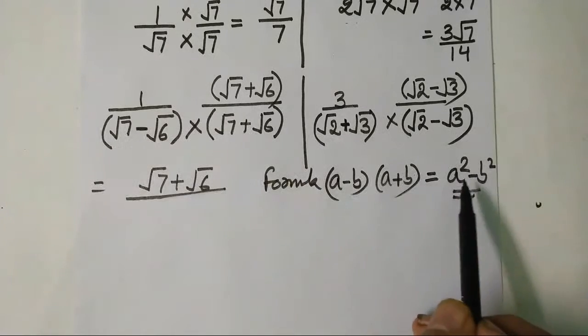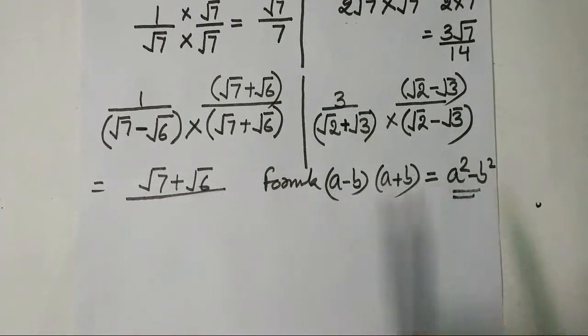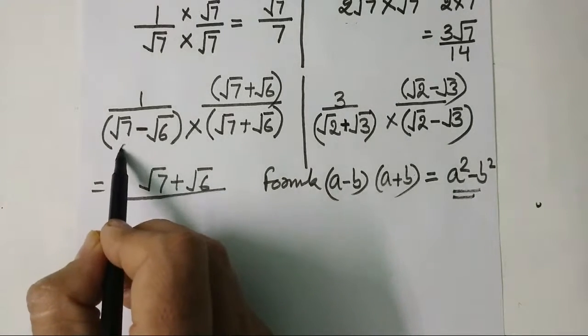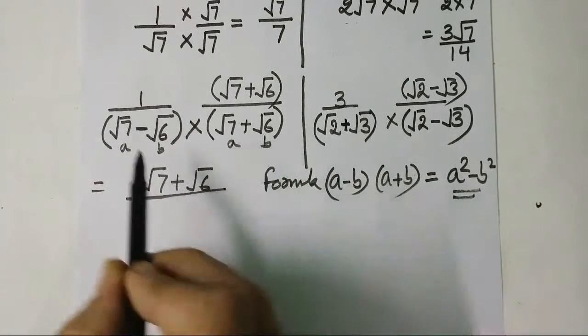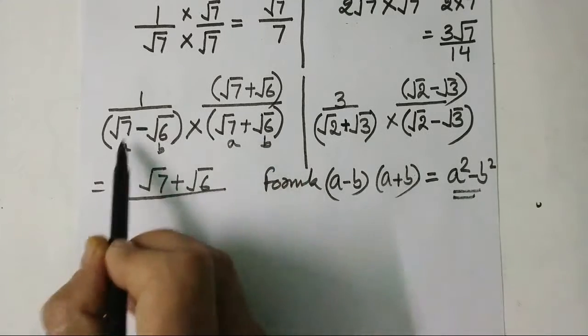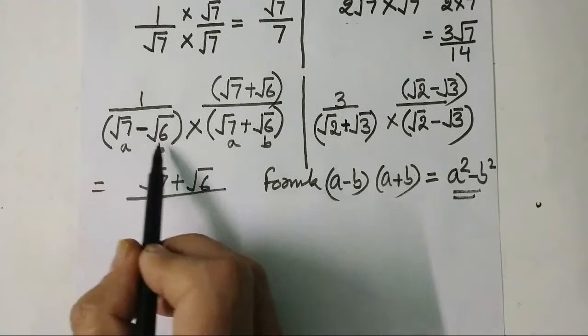So we have to write the solution of these two numbers in a square minus b square. So what is a? This is a and this is b. A minus b, a plus b will become a square minus b square.